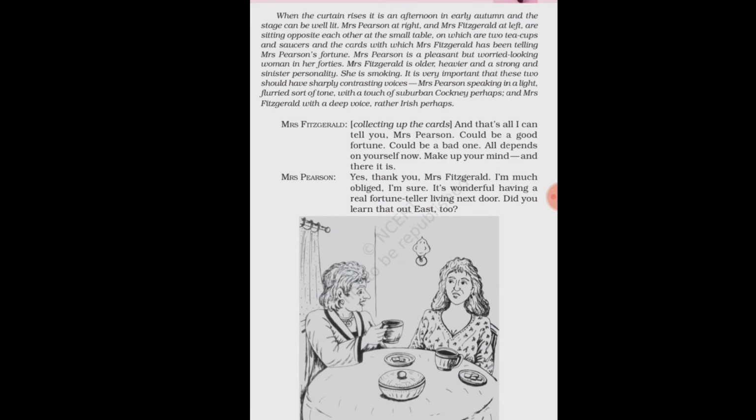Mrs. Pearson is on the right and Mrs. Fitzgerald on the left. They are sitting opposite each other at the small table, on which there are two teacups and saucers and the cards with which Mrs. Fitzgerald has been telling Mrs. Pearson's fortune.